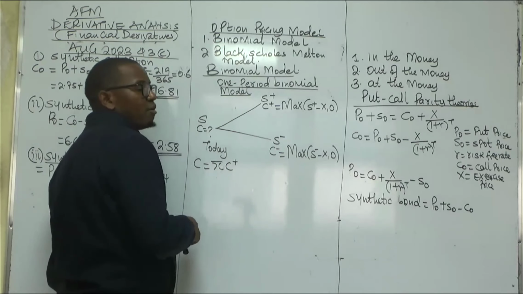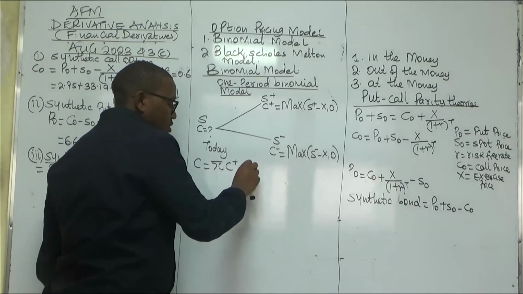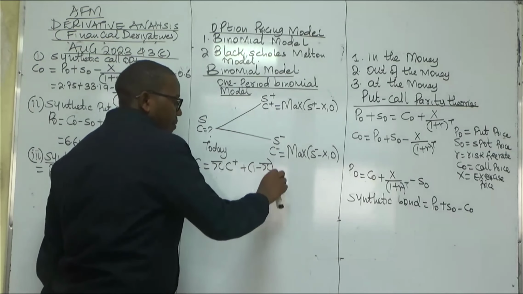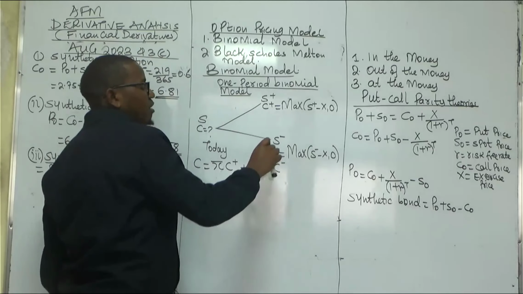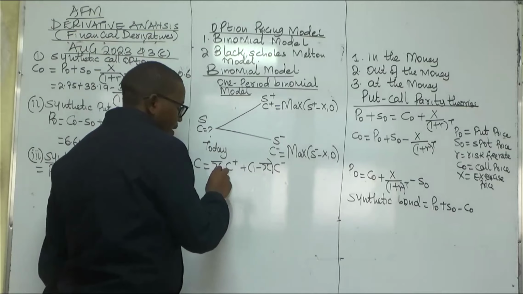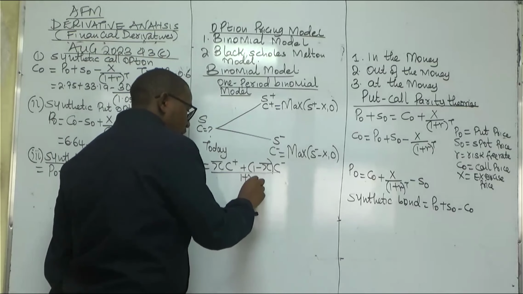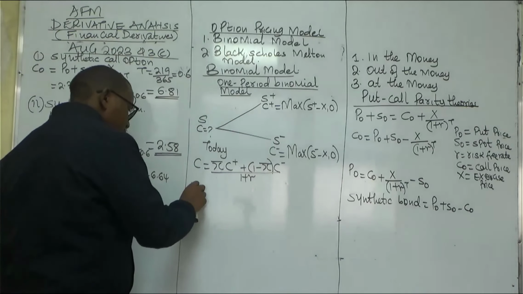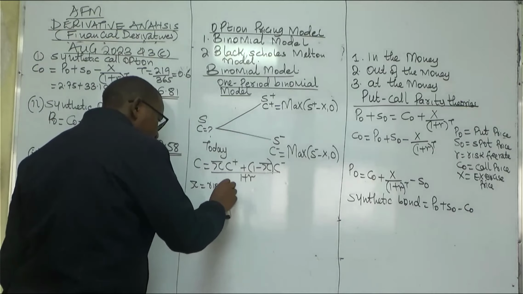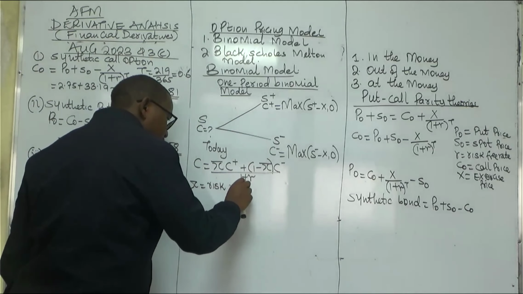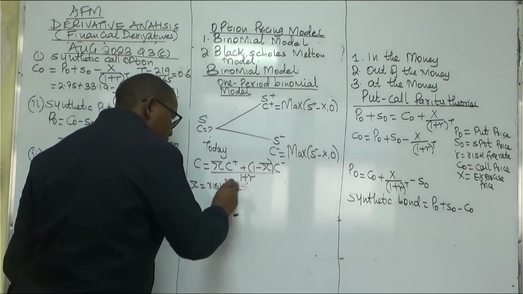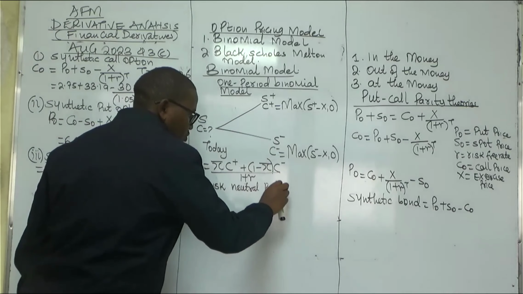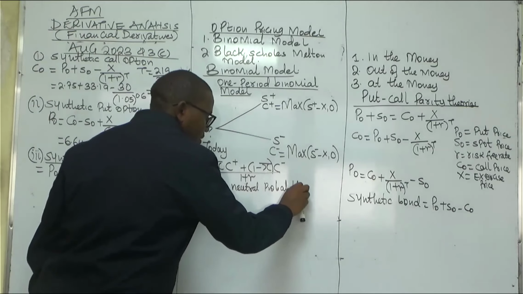The value of a call when the price goes up, plus 1 minus the risk neutral probability times C minus, the value of a call when the price goes down, then you divide by 1 plus R. This is what we call the risk neutral probability.